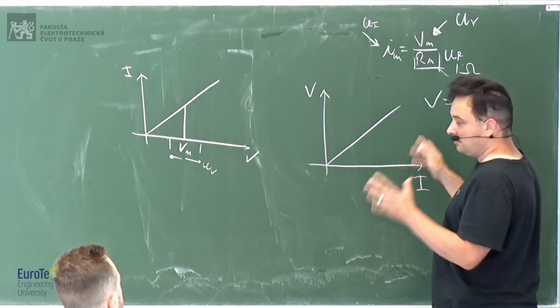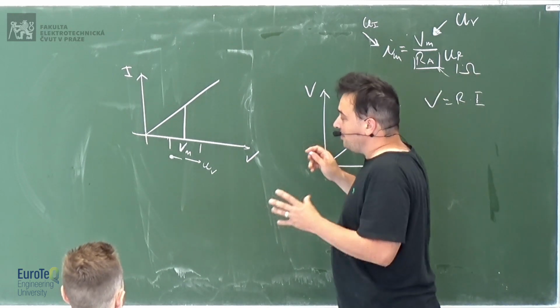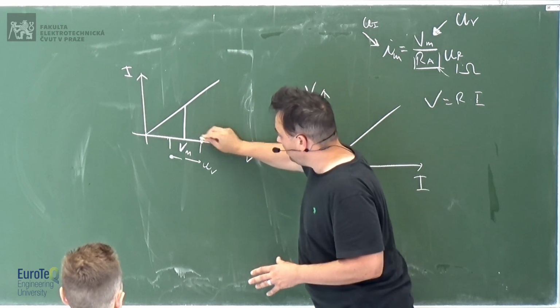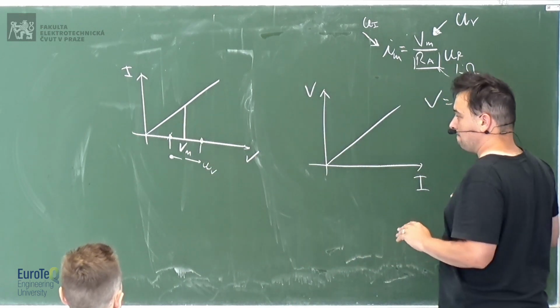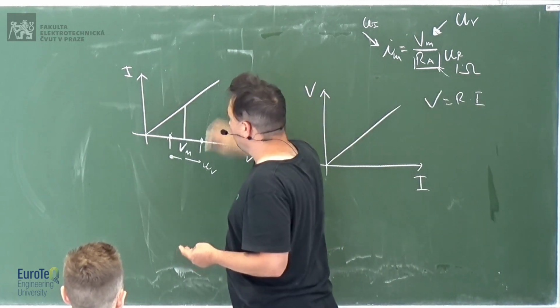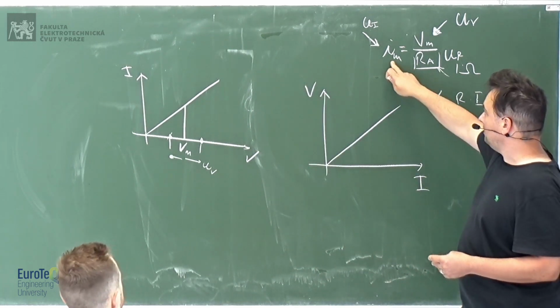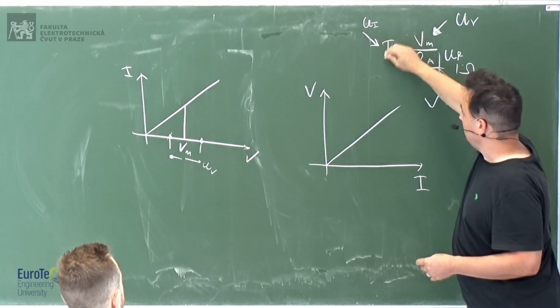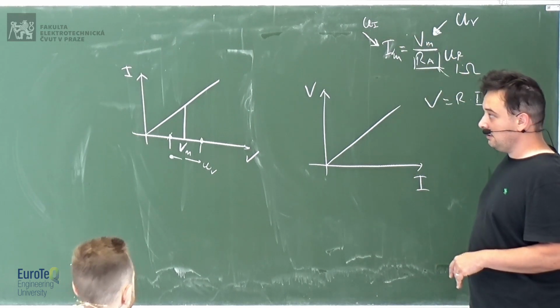I make my assumptions, calculate the uncertainty, and say I can reasonably expect to see the voltage in this range. What does it mean? If this is the transfer function between the result, the current, here I use the current, and the voltage, okay?